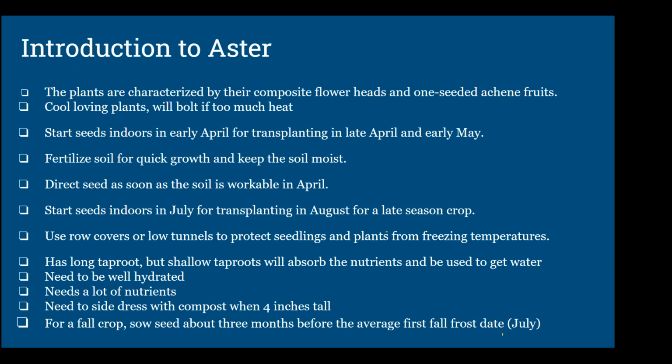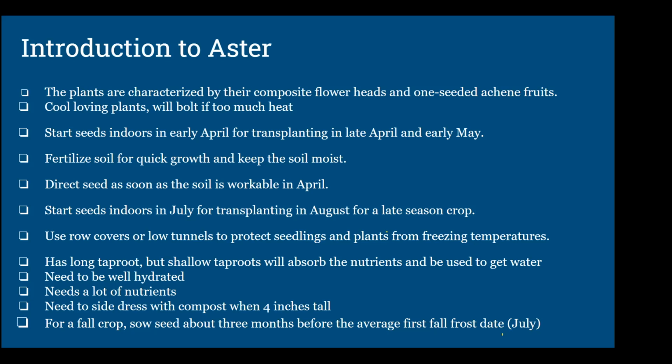So a bit of an introduction to aster. The plants are often characterized by their composite flower heads. They're cool loving. Will also be another plant that will bolt if there's too much heat. You will want to start your seeds indoors in early April for transplanting your asters in early May. Fertilize soil for quick growth and keep the soil moist if you're going to be growing asters.